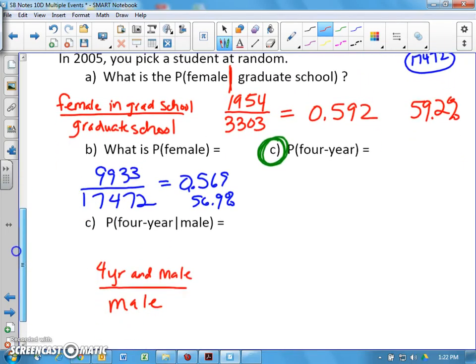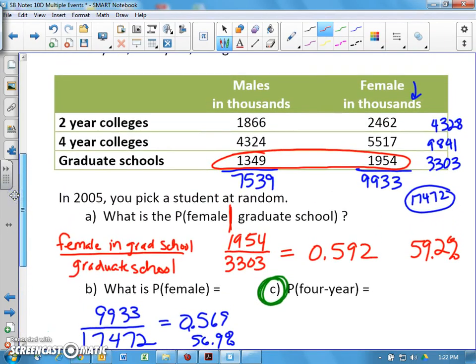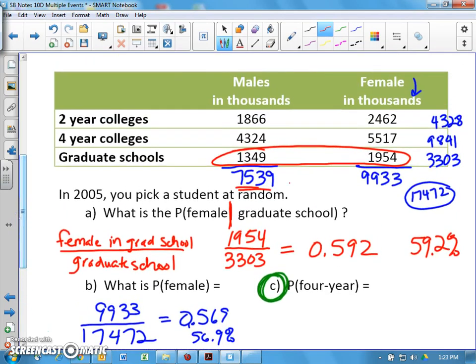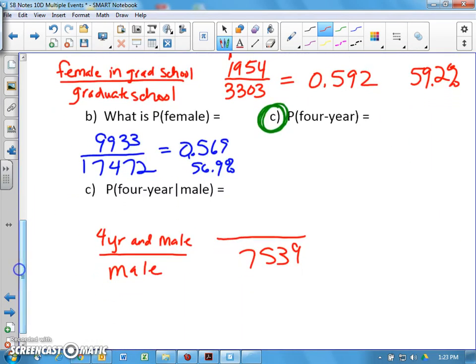So all of our males, it's going to be this number right here, so 7,539. And of these, so looking only at these people, how many are in four-year colleges? That would be 4,324. So when we divide this out, we're going to get this to be about 57.4%.